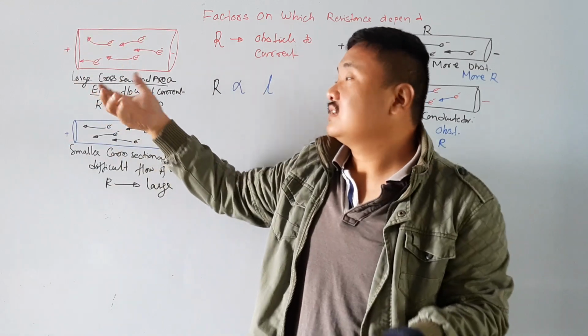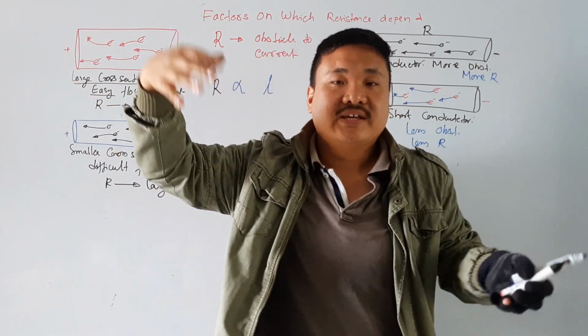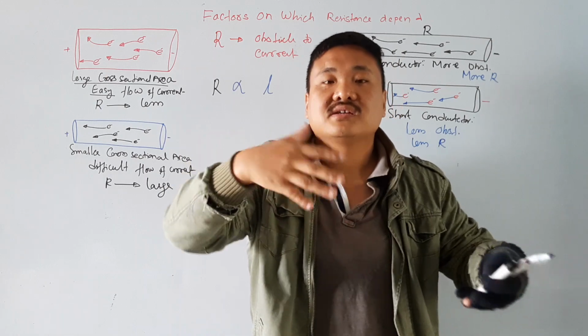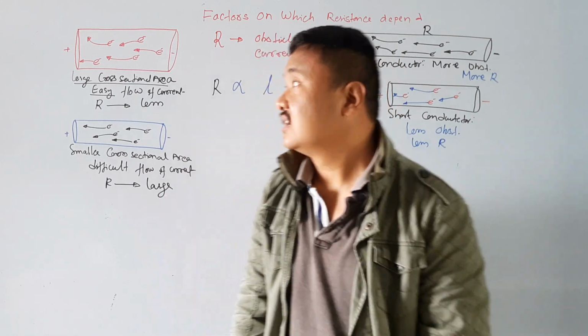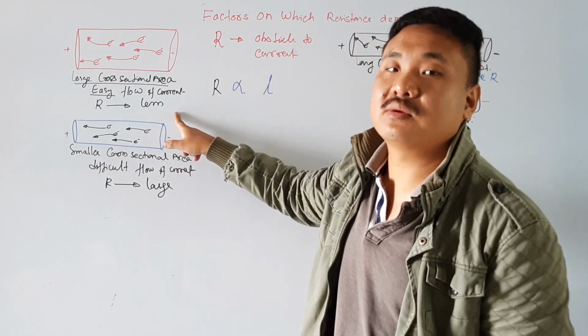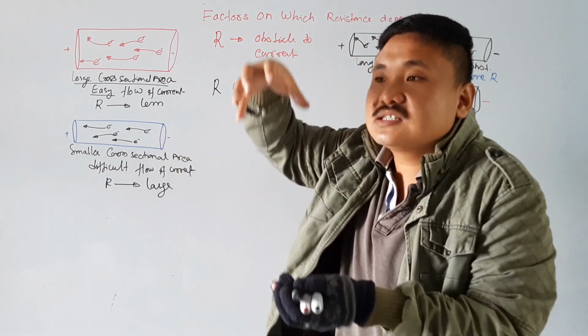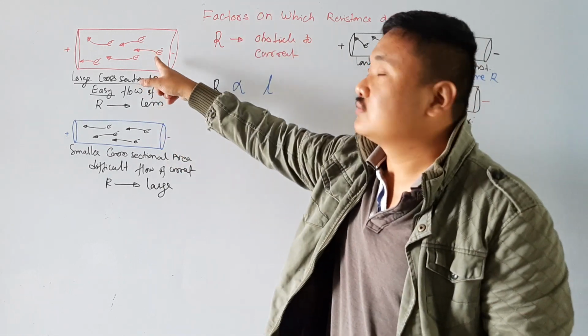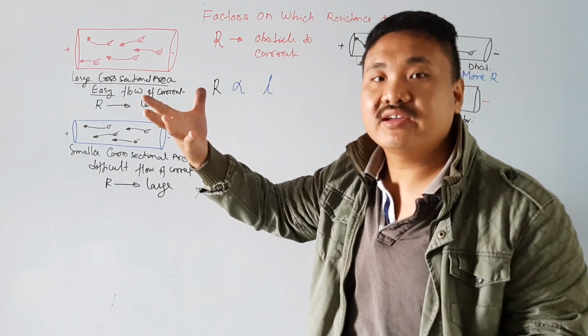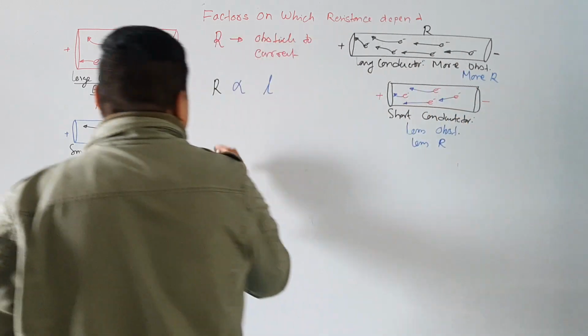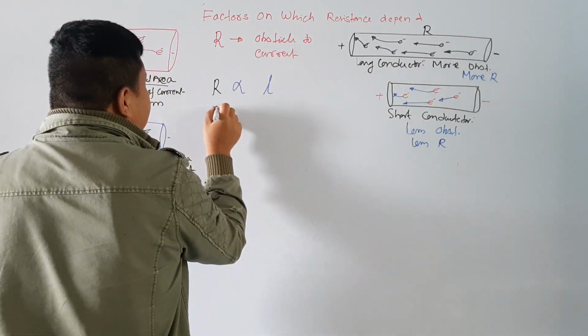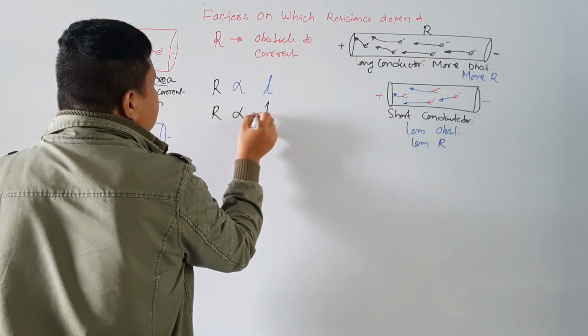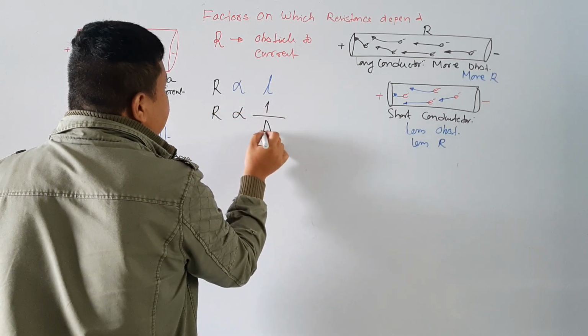And if the area is very large, they can move freely. Free means less resistance. It means that they are inversely proportional. If you increase the area, resistance will decrease because they become free. So R is inversely proportional to the area of cross section.